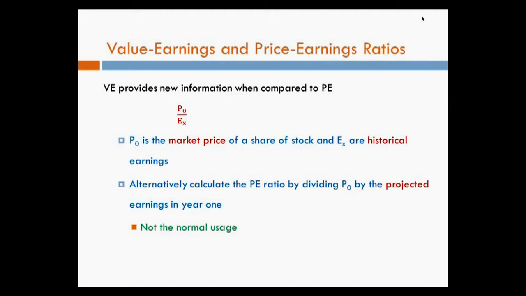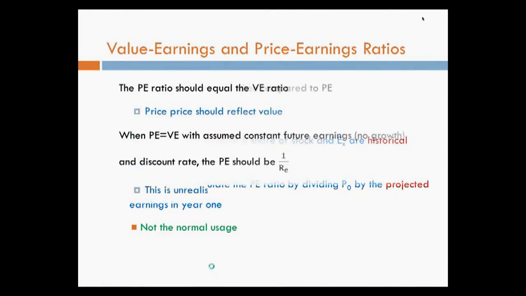You want to compare them apples to apples. You don't normally see people taking the price divided by next year's earnings, or next quarter's earnings. It's what the market is doing, reporting last quarter's earnings.